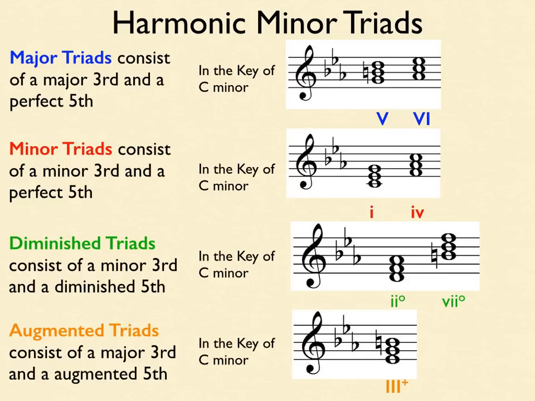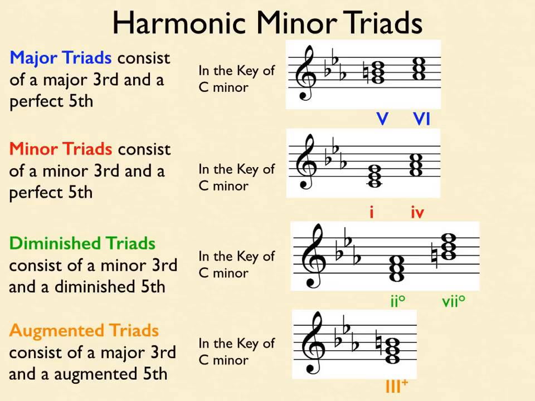Also notice that we have a new symbol for augmented triads. It's a plus sign, and it's next to capital Roman numerals. So for major triads, they're capital Roman numerals. For minor triads, they're lowercase Roman numerals. For diminished triads, they're lowercase Roman numerals, but with the circle symbol next to them, just to distinguish them from minor triads.